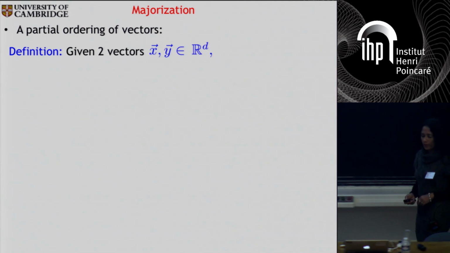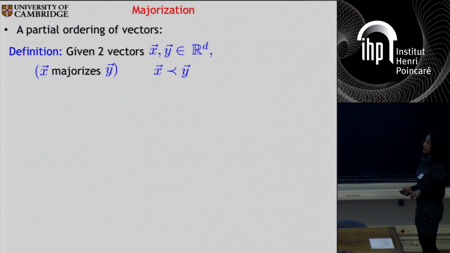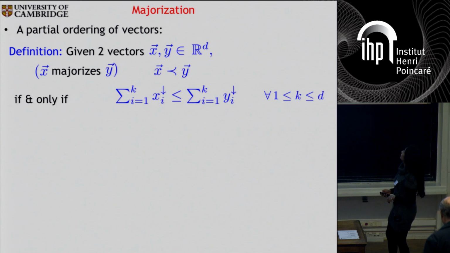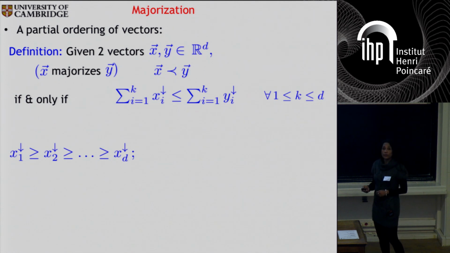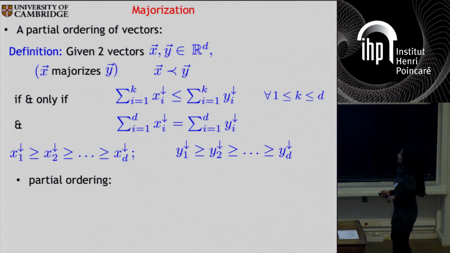Given two vectors x and y in R^d, we write x majorizes y if and only if the following inequality holds. Here, the x_i with the down arrow are the elements of x arranged in non-increasing order, and similarly for the y's. And of course, equality holds when k is equal to d.